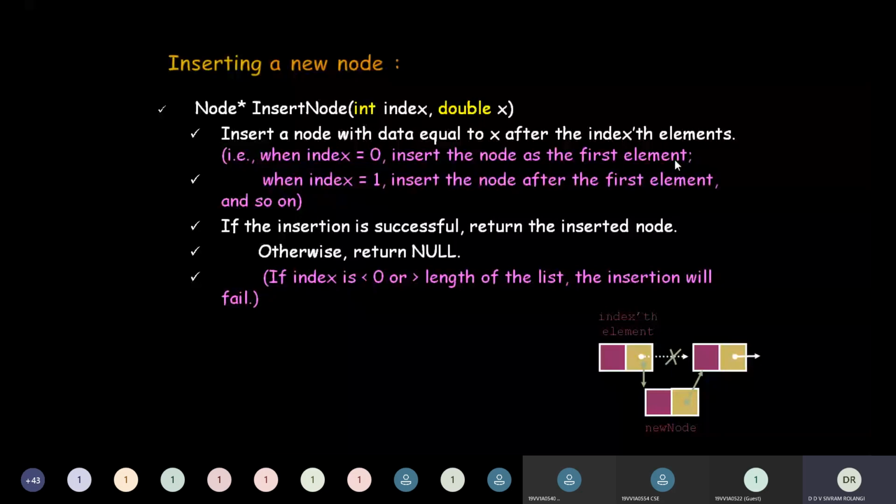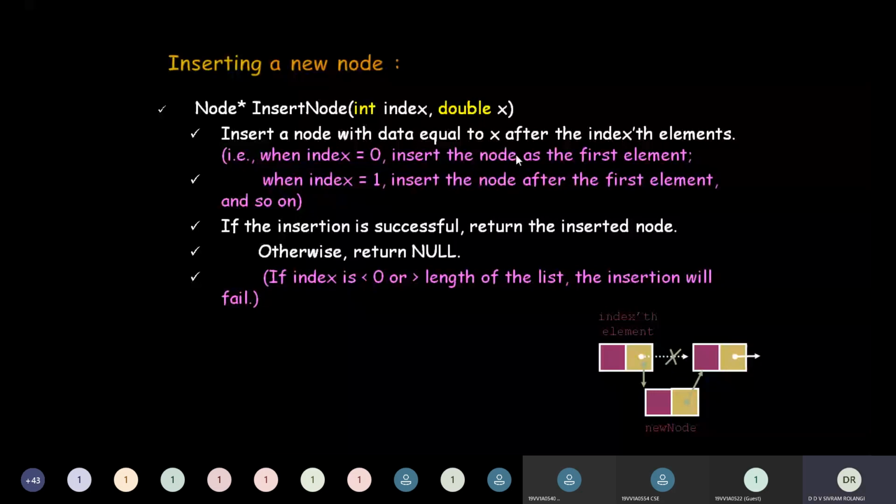If index is 0, that is an indication that we are inserting at the very first location after the header node. When index is 1, insert the node after the first element, and so on. So the same function can be used to insert at the beginning or insert at a specific location. We will see the second case, insert at the end, later on.